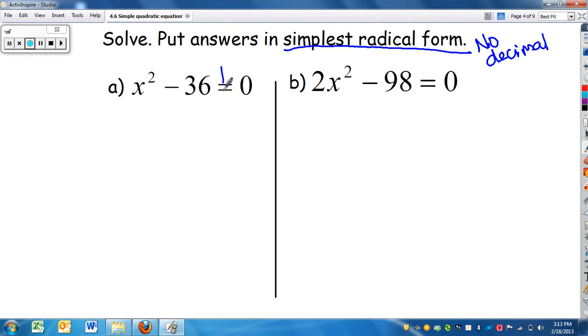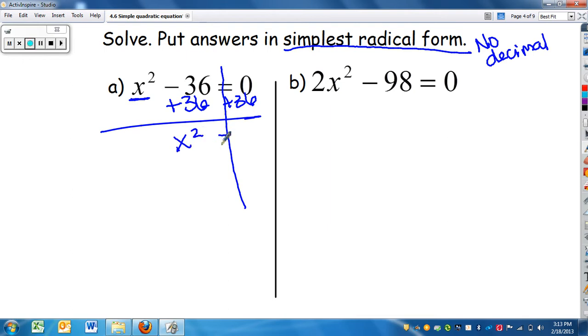So on A, we have our two sides. Again, we want to isolate x squared. So we're going to add 36 over first. So we get x squared equals 36. Now we need to undo the square, and we said the inverse of a square is the square root. They undo each other.